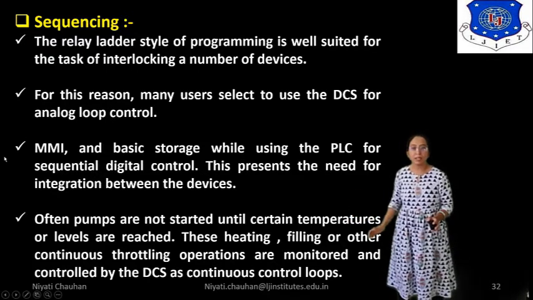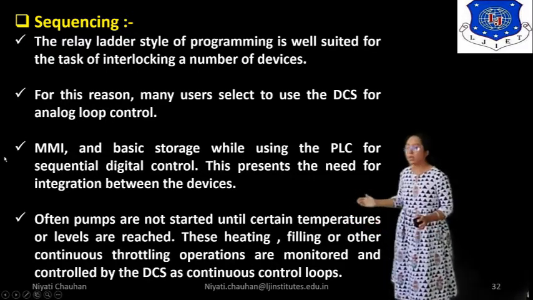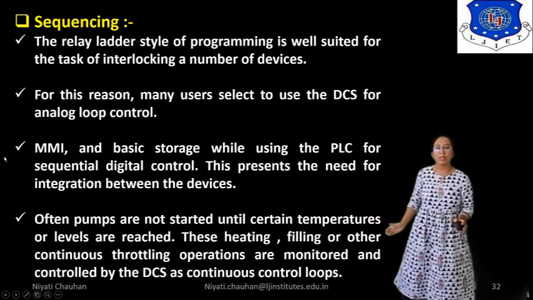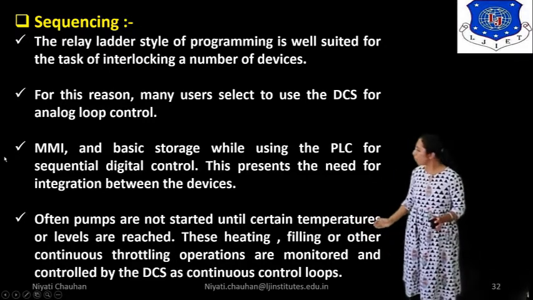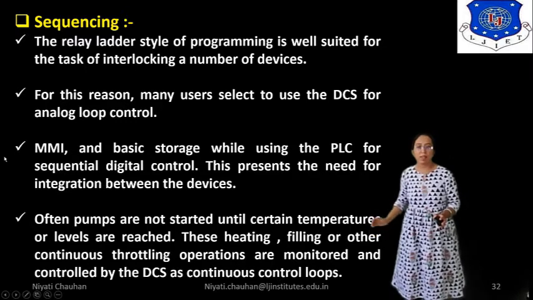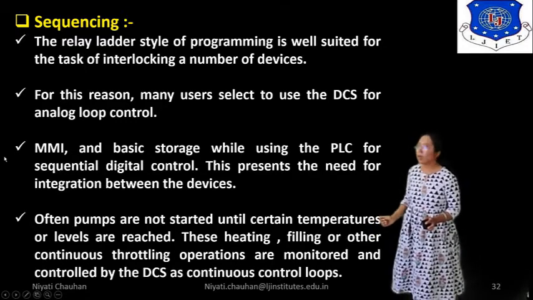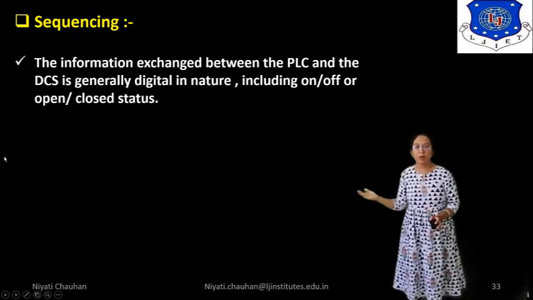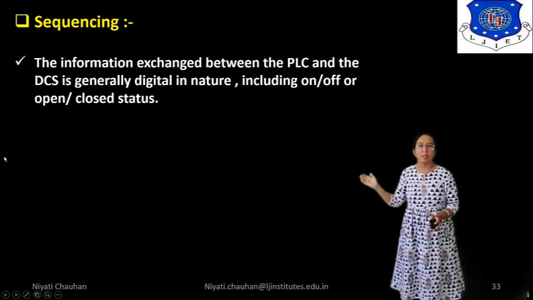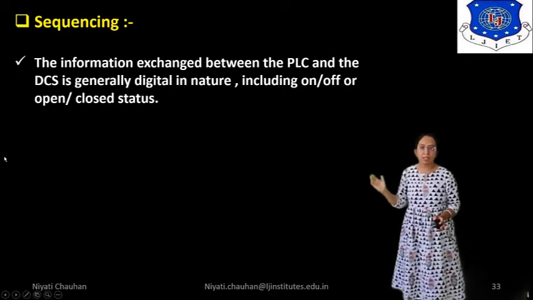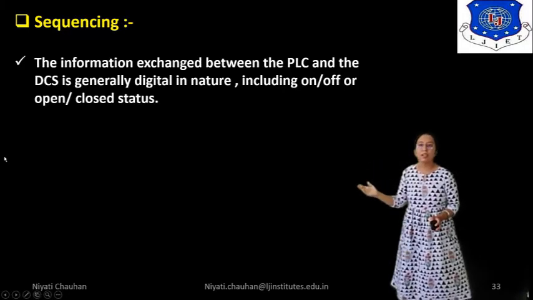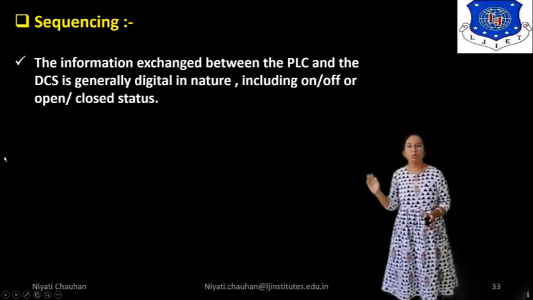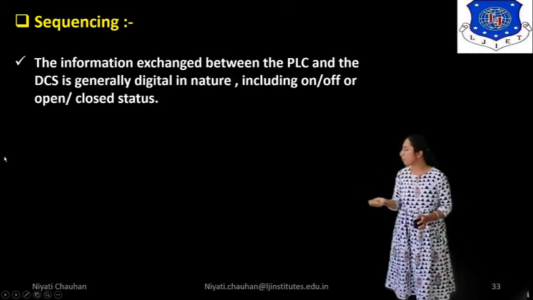These heating, filling or other continuous throttling operations are monitored and controlled by the DCS as continuous control loops. Then the information exchange between the PLC and the DCS is generally digital in nature, including on-off or open-close status.